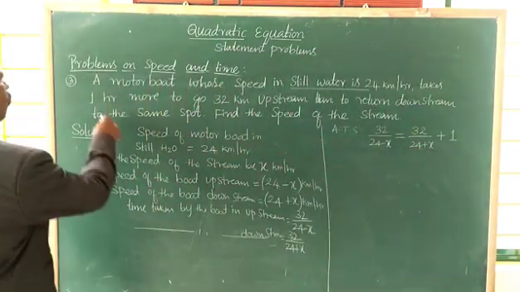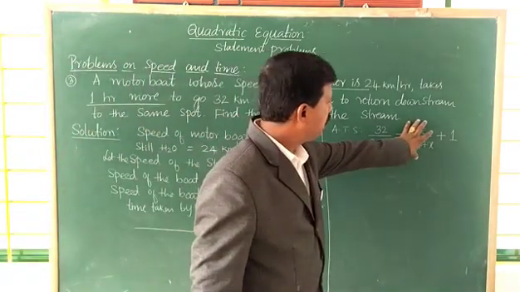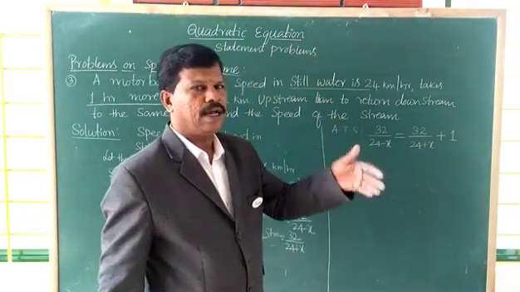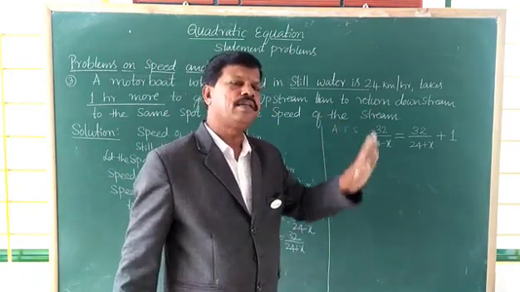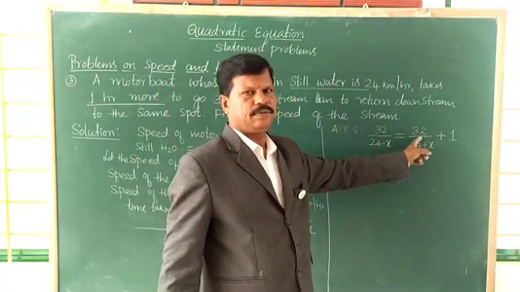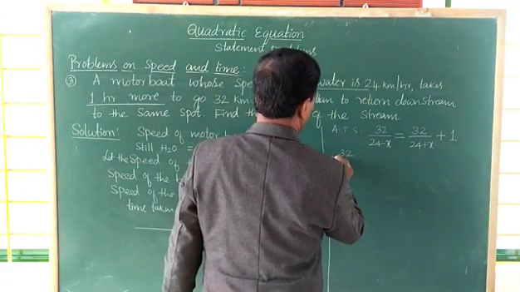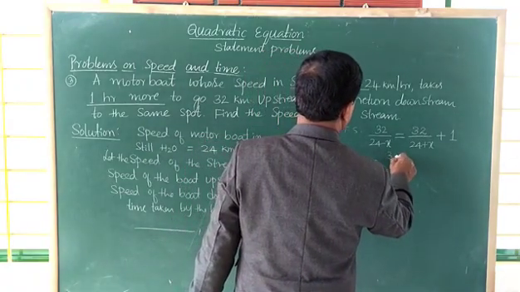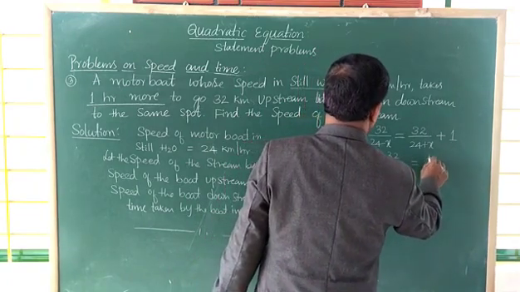See, here is 1 hour more. For example, if the boat is taking 5 hours downstream, then going upstream it takes 1 hour more than this. Clear? So now shifting, 32 by 24 minus x minus 32 by 24 plus x is equal to 1.